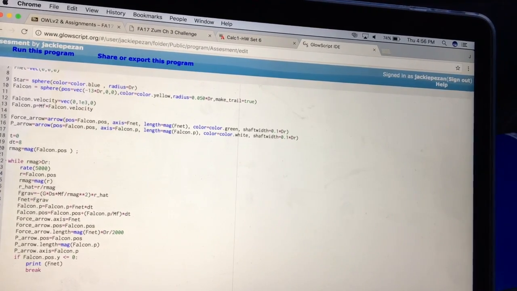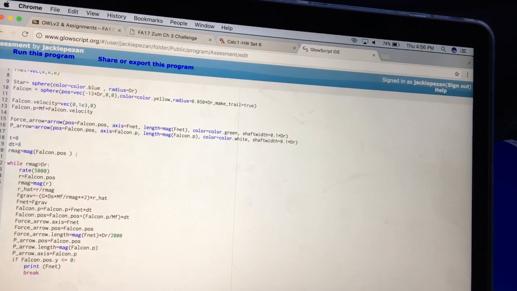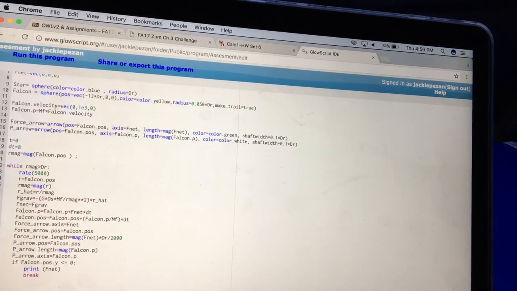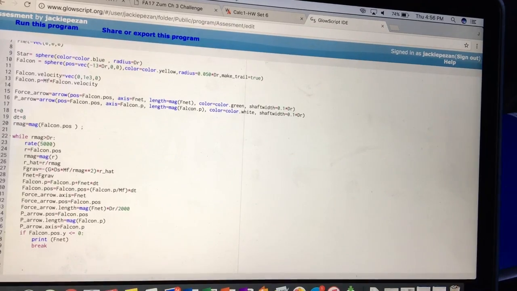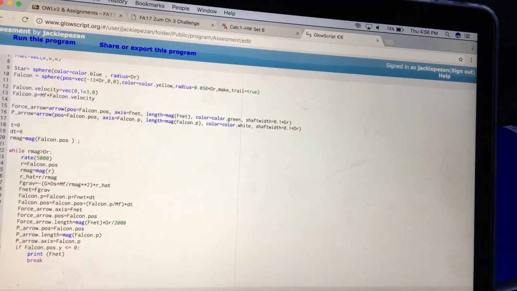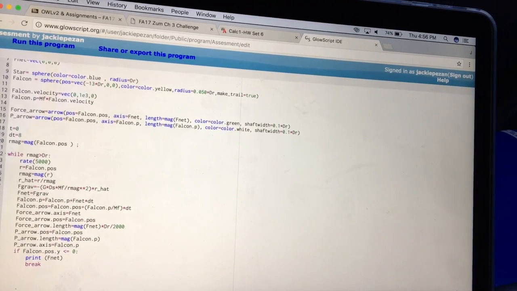In line 22, we can see that it says while Rmag is greater than dr. If I had changed that around, it would have caused the Millennium Falcon to crash into the Death Star, which would not have been good for Han and Luke. So the magnitude of r had to be greater than dr, which is our Death Star radius in meters.